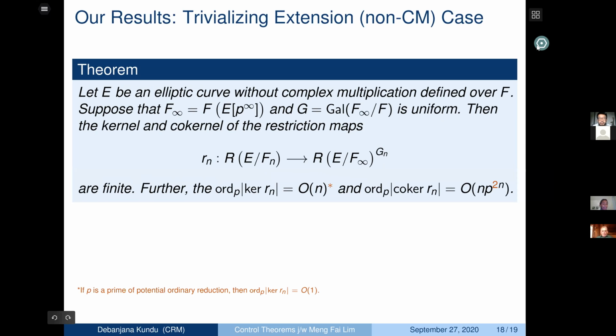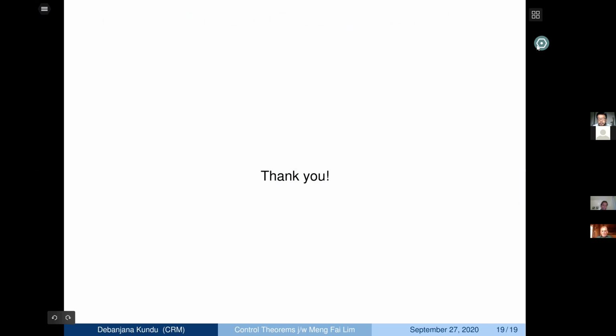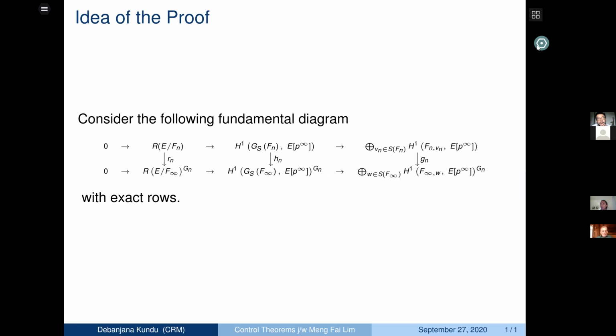I did not write down my false Tate extension results because I was not sure if I would have time to explain what a false Tate extension is. But in the last maybe 1 minute that I have, I want to briefly tell you how we prove these sort of results. The idea really goes back to Greenberg, and you study a diagram like this. I've essentially rewritten the definition of the fine Selmer group and written it with the restriction maps Rn, Hn, and Gn.